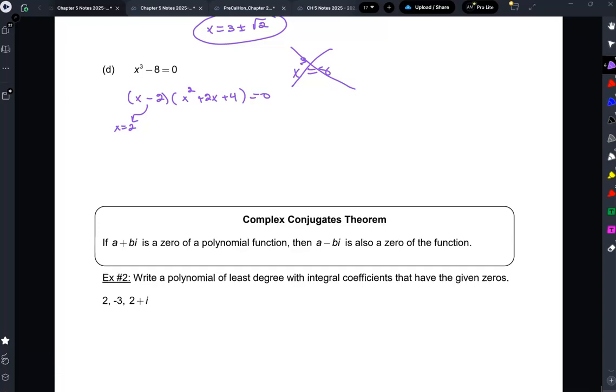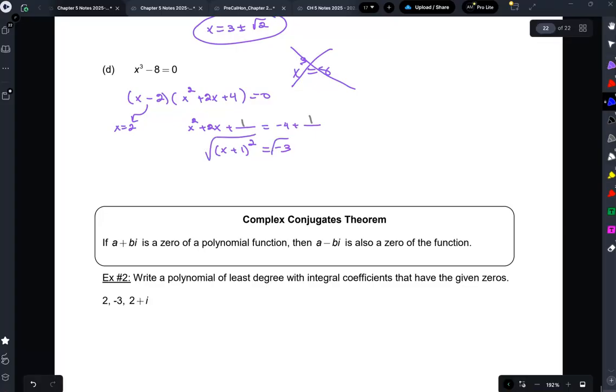Here, let's do completing the square again. So, x squared plus 2x plus a number, negative 4 plus a number. I'm going to go with a 1 this time. All right, let's do this. X plus 1 squared is equal to negative 3. Take a square root.